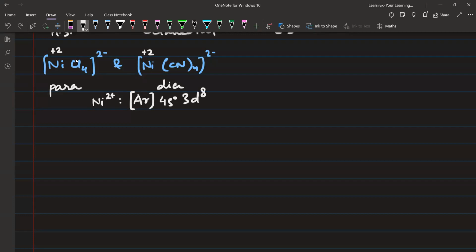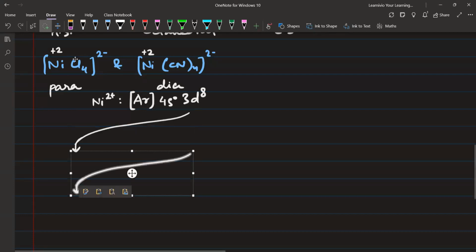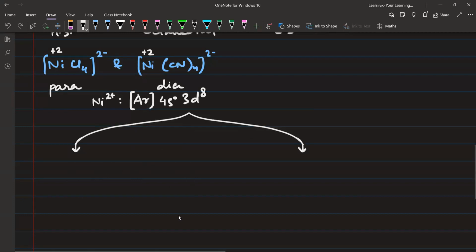Now, the configuration that we are going to have is again going to be two different configurations because of the paramagnetic and diamagnetic nature, and we can write it like this. In this case, we are going to have 1, 2, 3, 4, and 5.